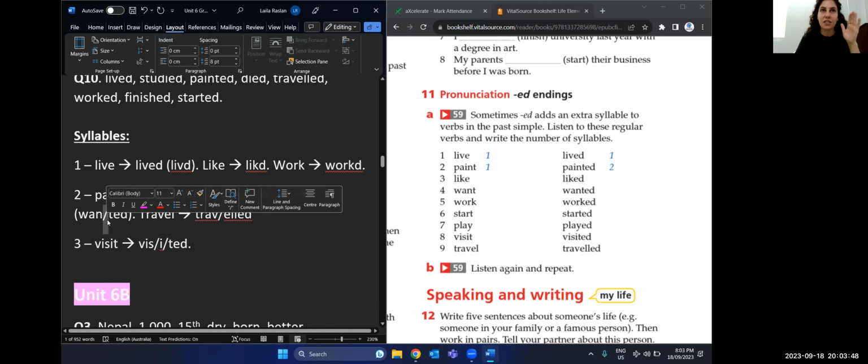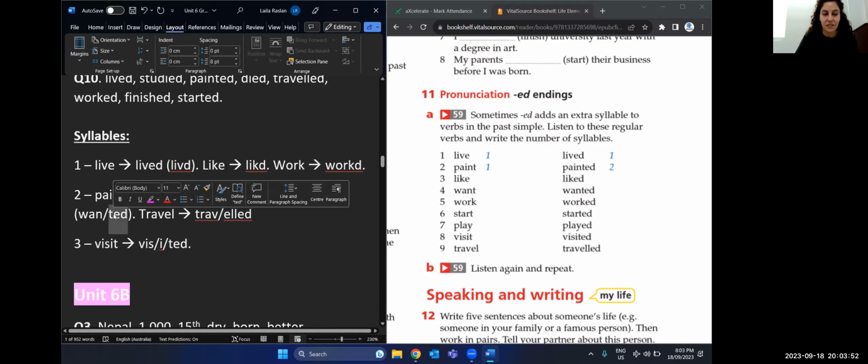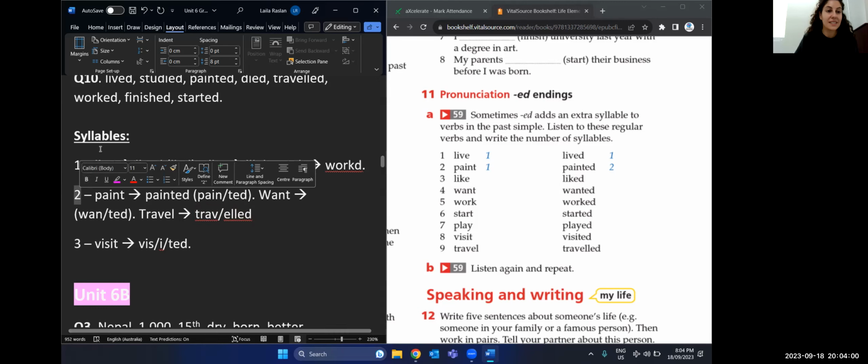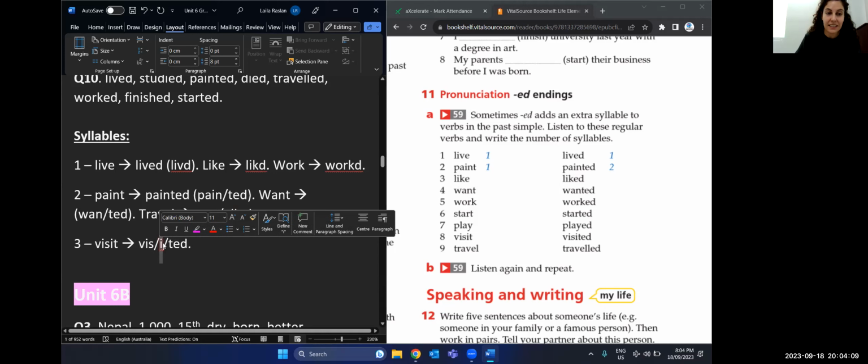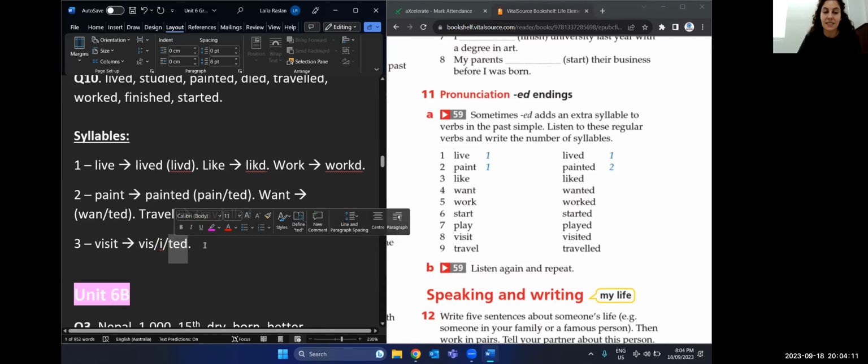You can hear that there's a stop in the sound. So wanted. Traveled has two syllables, which just means the sounds. Three is like visited. It has three sounds. Vis, it, ted.